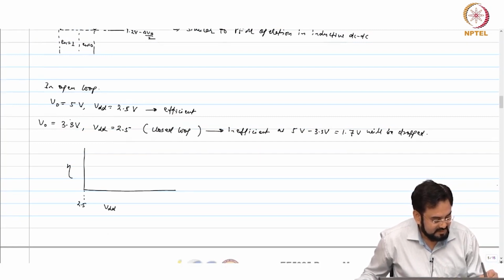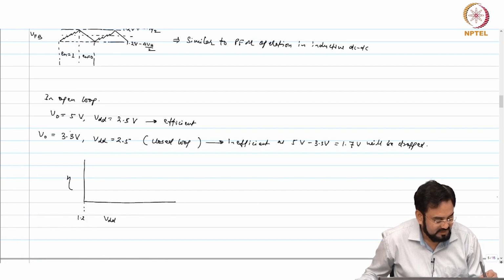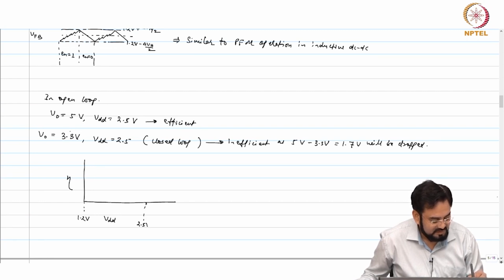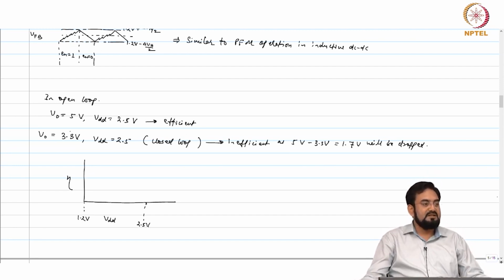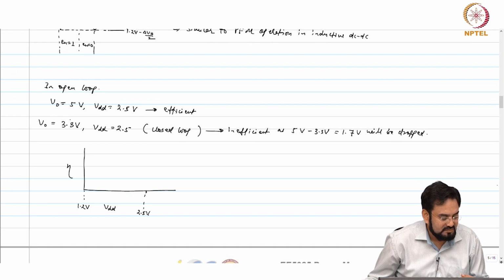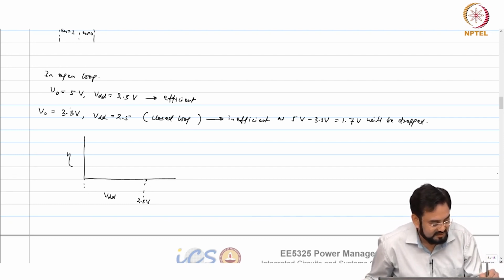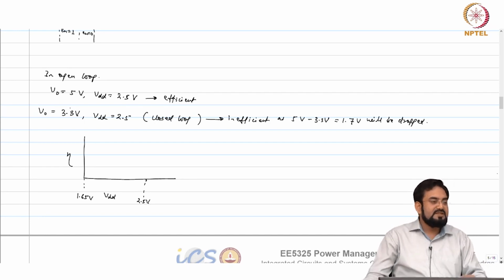The minimum VDD is, for 3.3 volt divided by 2, how much is it? 1.65. So, 1.65 into 2 is 3.3. On the higher side you go to 2.5 volt, which is 5 volt at 2x.